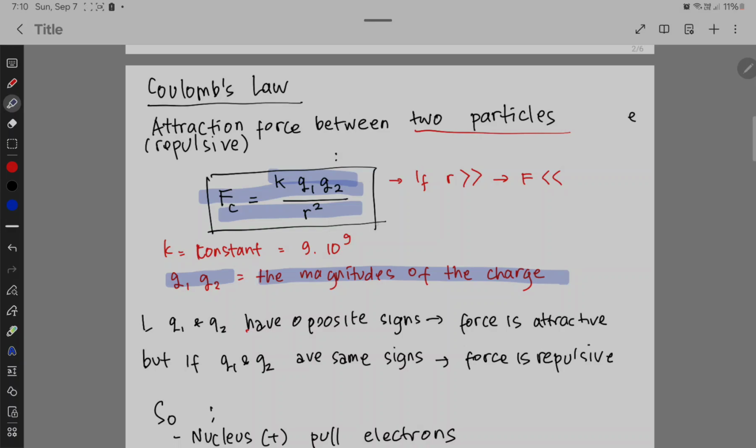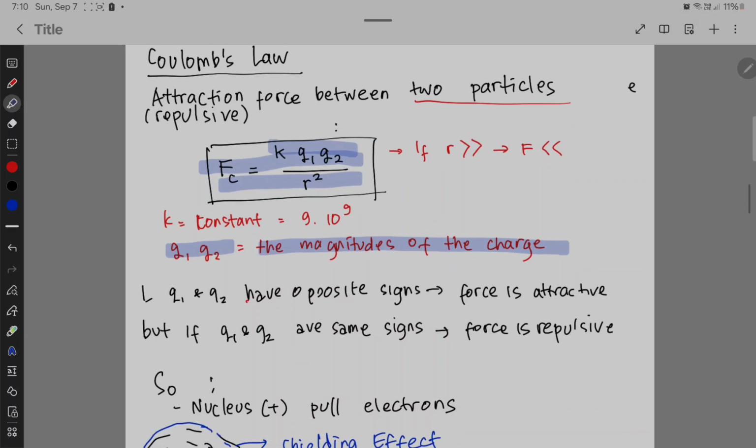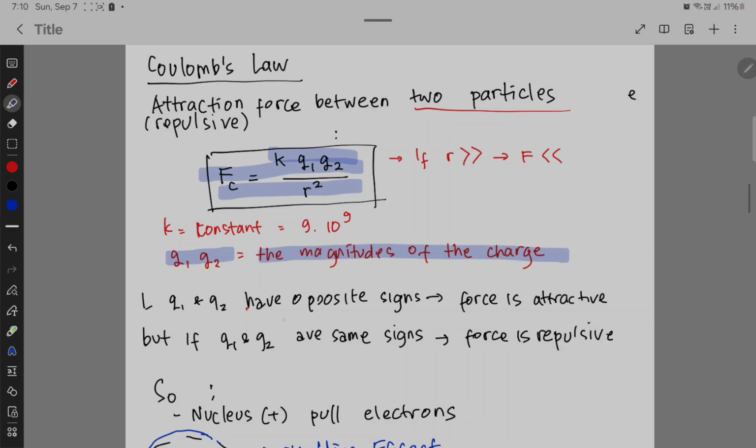r is the distance. If Q1 and Q2 have opposite signs, the force is attractive, and if they have the same sign, the force is repulsive. If the distance between the 2 particles is far, of course the force is small, depending on this formula.